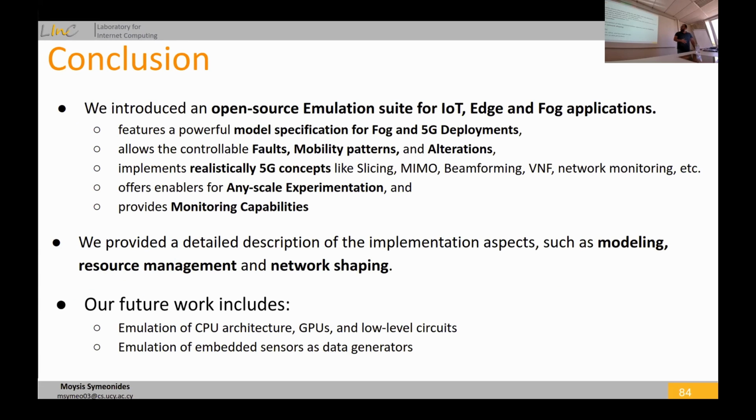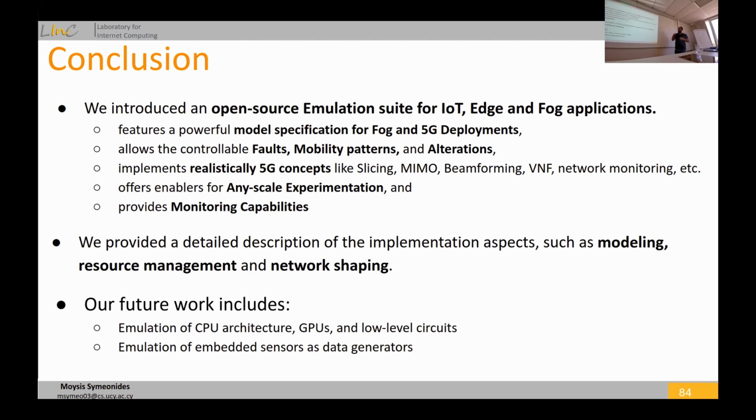Yeah. In conclusion, I present you an open source emulation framework for IoT edge and fog applications. The framework provides powerful modeling abstractions for fog and 5G deployments. Also, users can introduce faults, mobility patterns, and alterations to the running emulated environment.